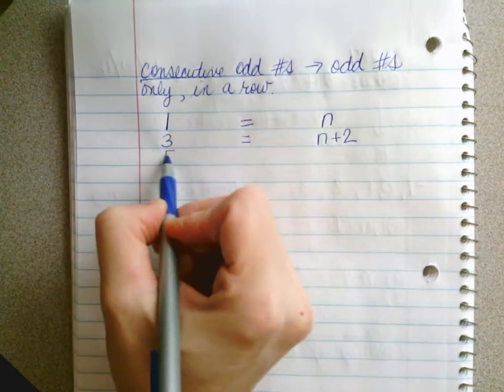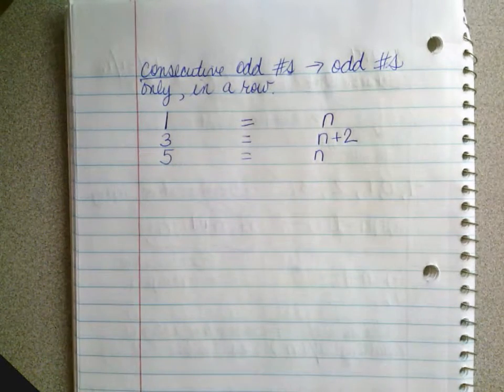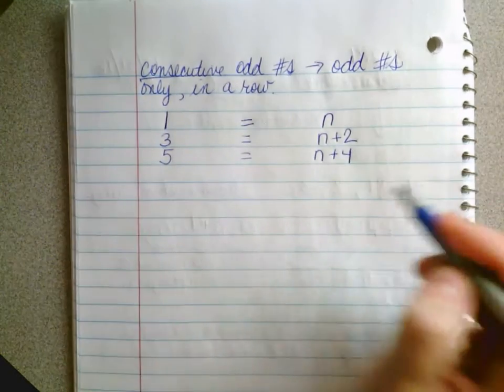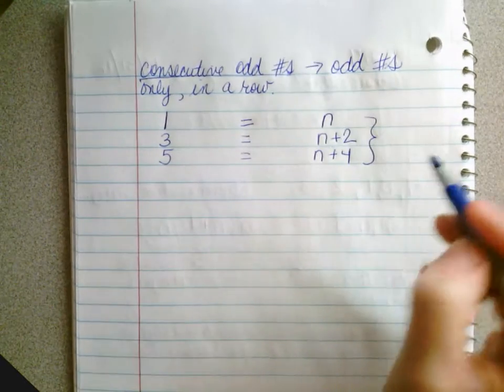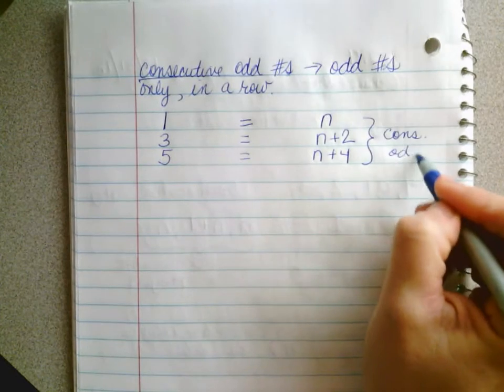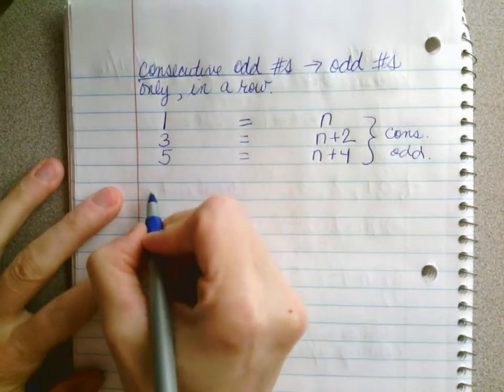And how would I get up to 5 based on n? What would I add to that n to get it up to 5? 4, good. So this pattern shows consecutive odd integers. I'm going to blow your mind here in a second. Consecutive evens.